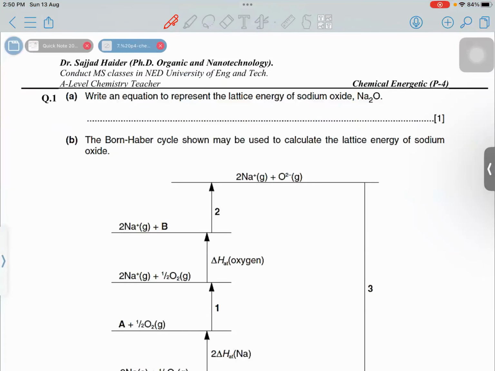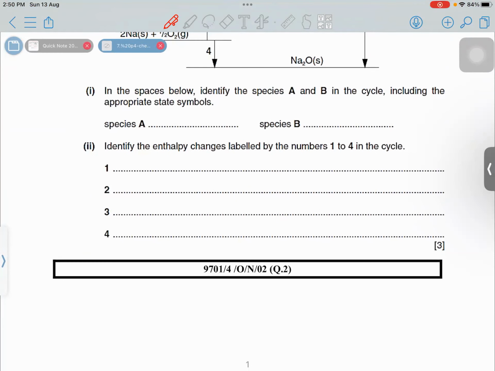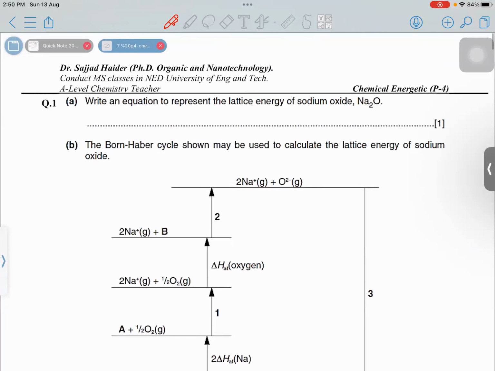Now the first question. It's a past paper question, 2002 October November variant, paper 4, question number 2. Can you tell me the lattice energy equation?